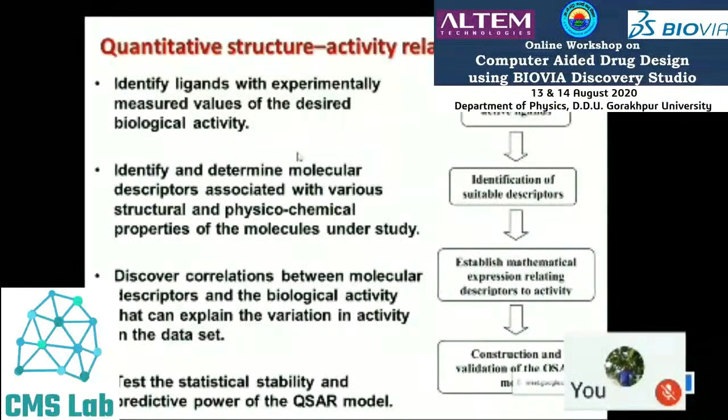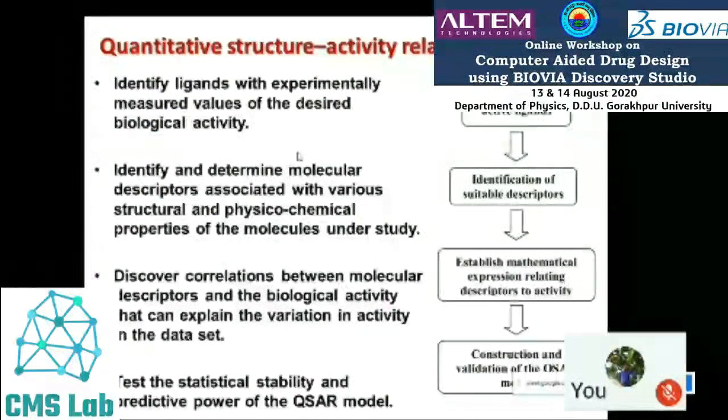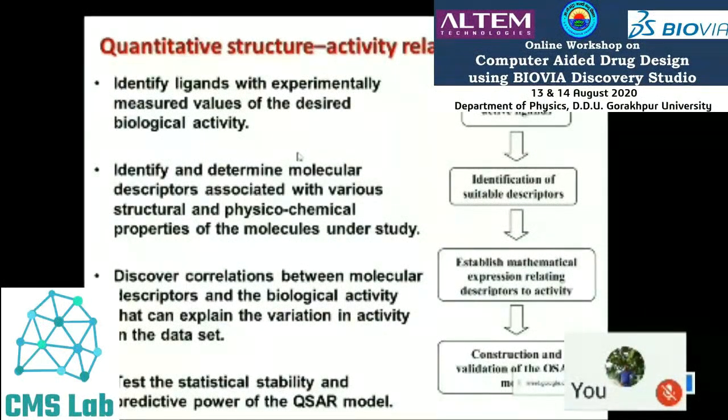You need to identify congeneric ligands, meaning diverse structures with biological activity, measured in the same experimental condition. That's very important. In a QSAR, you can't randomly select ligands from different experiments.